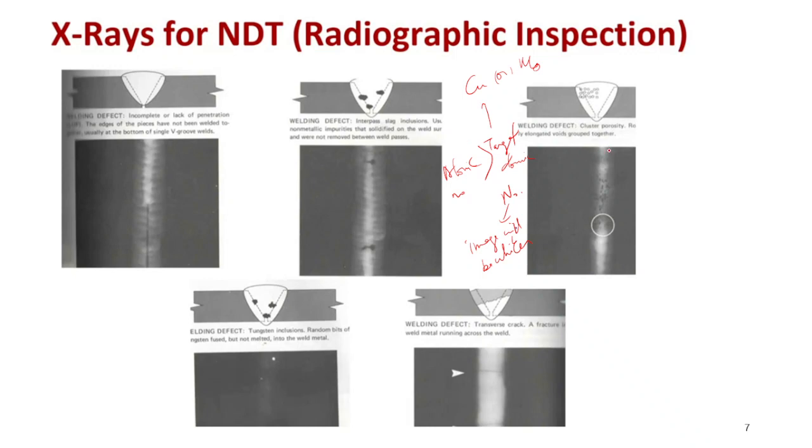Also here there is cluster porosity. Since there are pores here and there, they appear as dark spots on a white image. That shows there are pores and open areas. As a result, that place is dark.